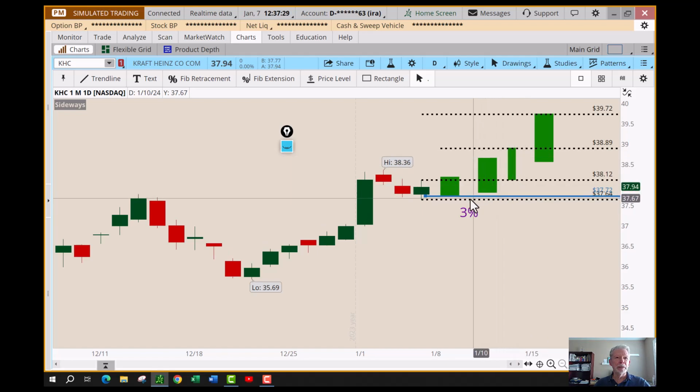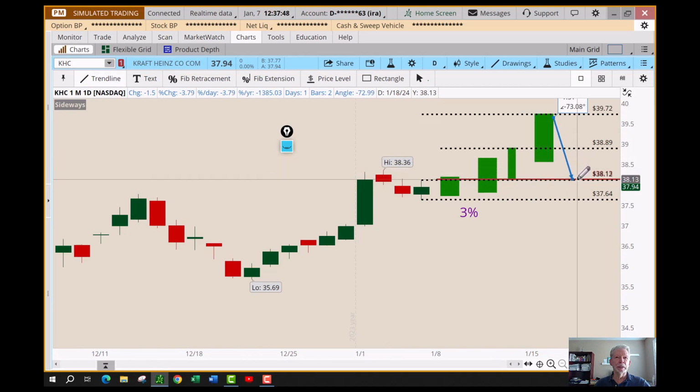So the next day I buy here at 38.89. I would probably leave it where it is, and then on the next buy-in, I would move it up to the bottom of this particular day. That's called a support level, just in case that stock wants to come back down. So that would give me a stop to get out without losing a whole lot of money.